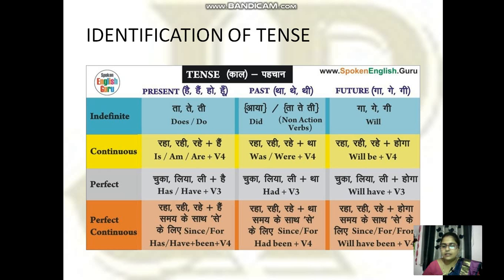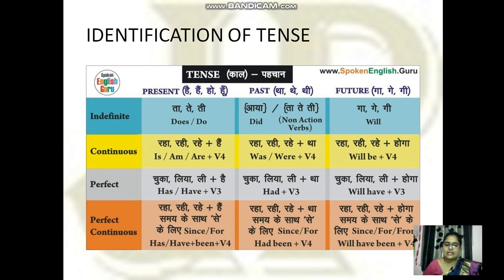In English, it has was and were plus fourth form of verb. Okay. If it is future continuous, it must have रहेगा, रहेगी, रहेंगे, etc. And in English, it will be plus fourth form of verb.